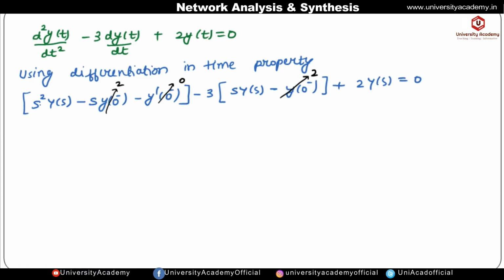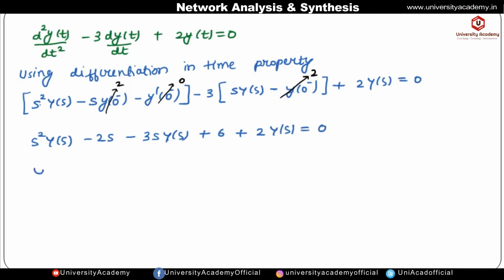So let us substitute, it will be equal to s square Y of s. Okay, and it will be minus 2 into s, so this is 0, it will be minus 3s into Y of s. Okay, and this is minus minus, it will become plus 6, plus 2 into Y of s, it is equal to 0.